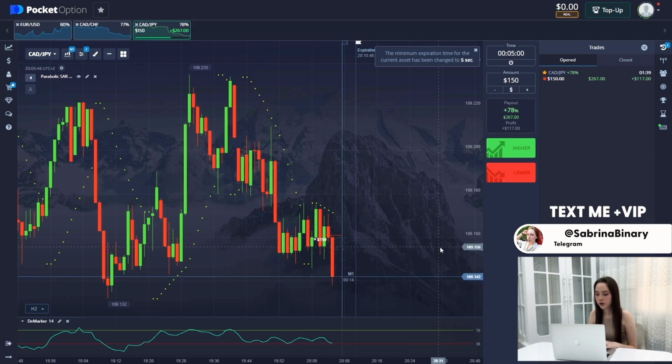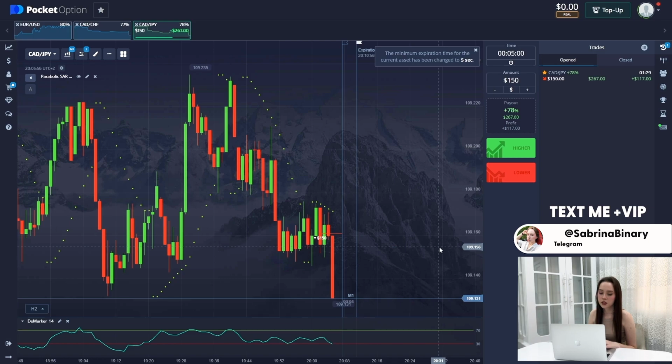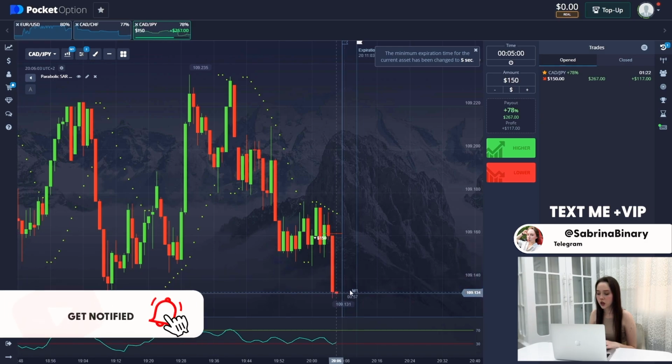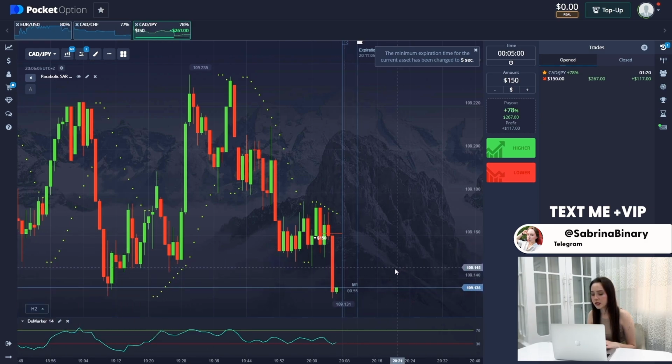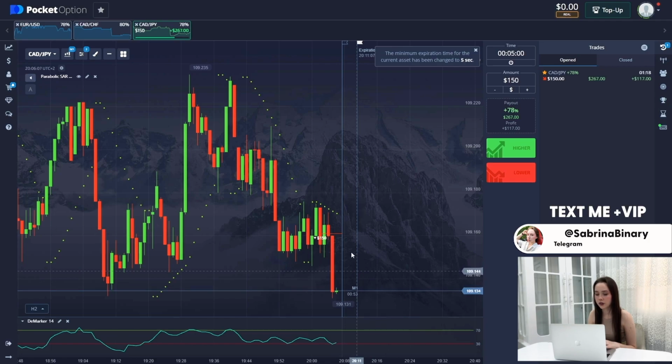So it's formed now and we are left with the last candle. Parabolic still defines our trend as descending, and the gap is getting bigger and bigger every second. So I'm sure that even if the last candle is directed upwards, we will still close on profit.